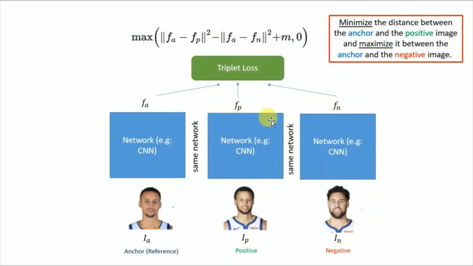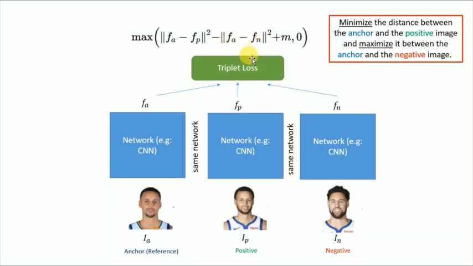Based on these 3 features extracted from the CNN, we're going to compute the triplet loss. We take the maximum between 0 and the distance between the anchor and the positive image minus the distance between the anchor and the negative image. Here we're just going to use the Euclidean distance, but I suppose you can use other distances. Our objective is to minimize the distance between the anchor and the positive image, which is FA minus FP, and to maximize the distance between the anchor and the negative image, which is FA minus FN.